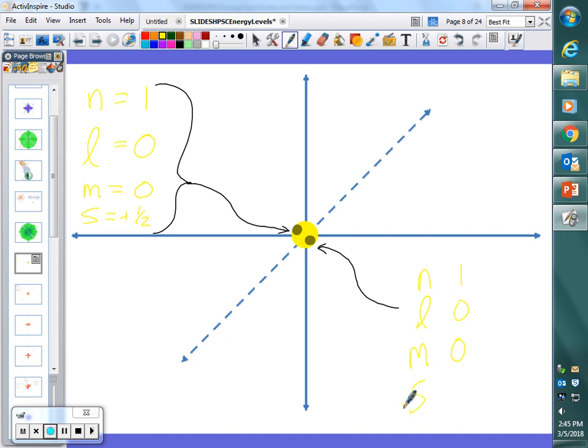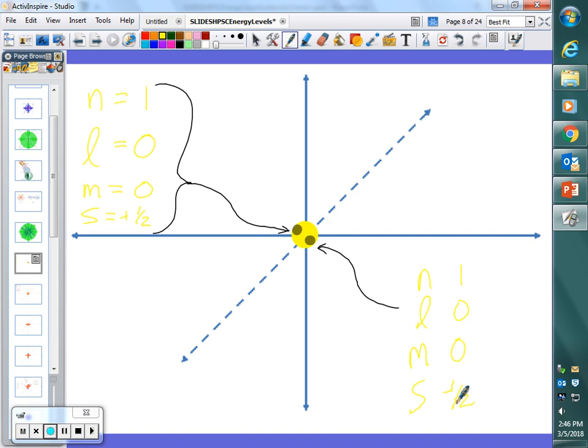So what does this one's spin number have to be? This one has to be negative 1/2. So the spin is just for the electrons within that orbital, and it really only makes a difference once we get 2 electrons within that same orbital.